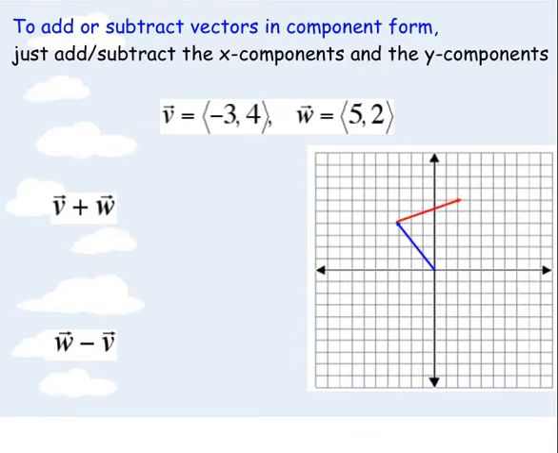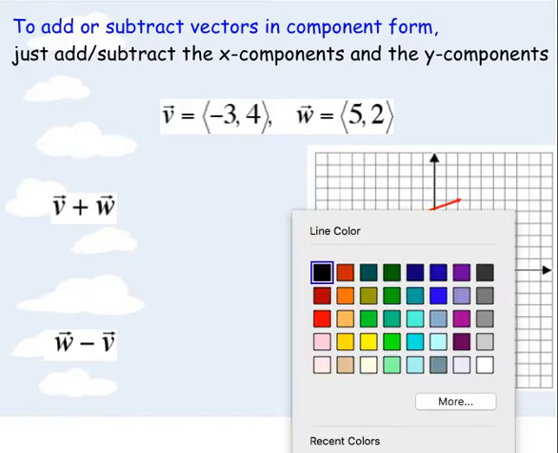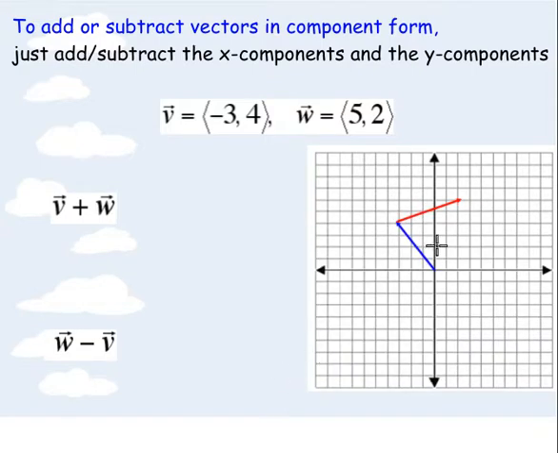Okay, so v plus w then will be connecting the very, very beginning to the very, very end. That green one is v plus w.